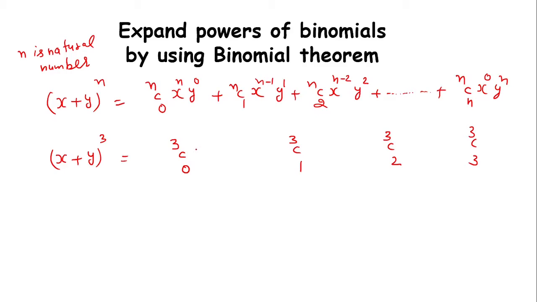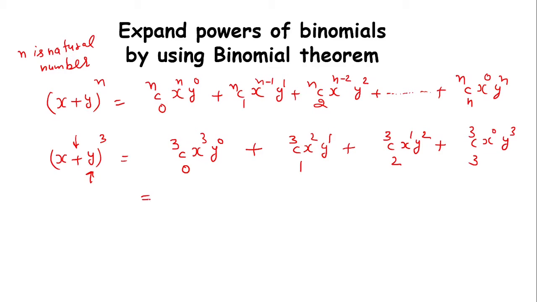After this, I will write x power 3, then x squared, x power 1, x power 0. Then we have y, starting from the end: y power 3, y squared, y power 1, and y power 0. Because the sign in between is positive, all terms will be positive.